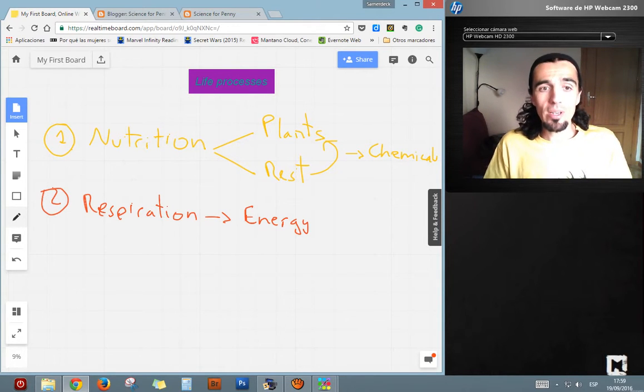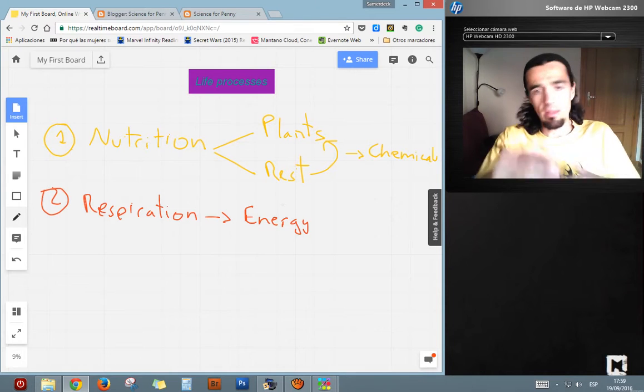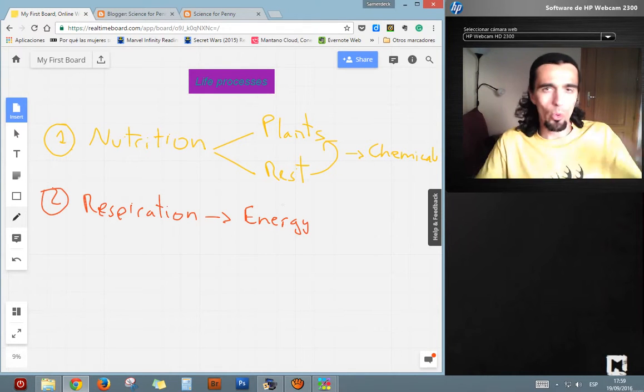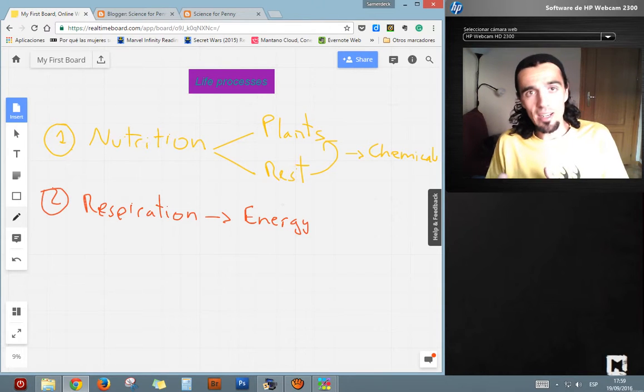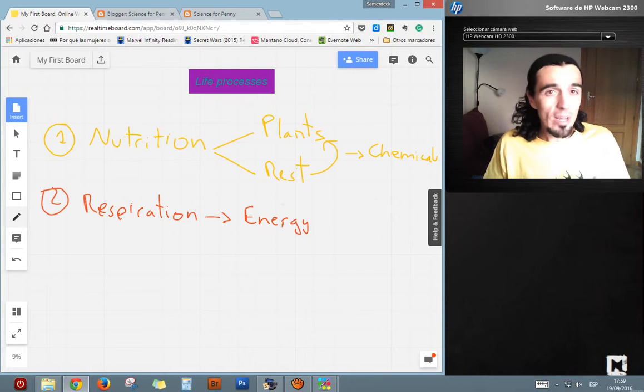What we do is transform the chemicals we have gotten from nutrition into energy. To do that, most living creatures need an extra supply of oxygen. And when we get this oxygen in and make all these amazing things that our body does to transform chemicals into energy, we create another gas. We create carbon dioxide, and we need to expel it.